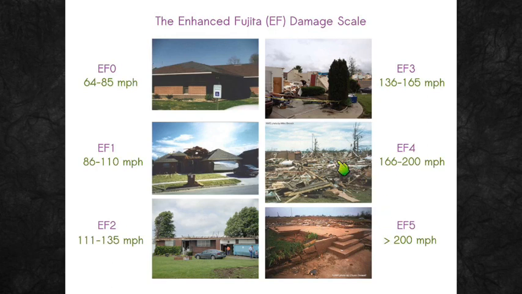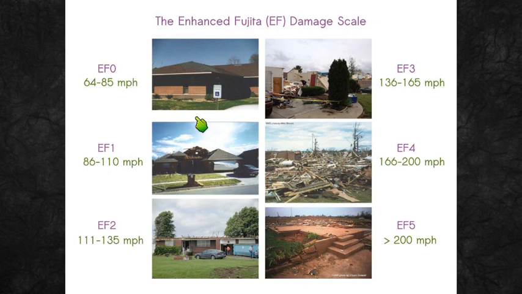And then the kind of damage that's associated with them. Well, the EF0s are the weaker tornadoes, and the damage that they produce is typically pretty light to well-built structures, things like ripping off roof shingles, as you can see in this photo.